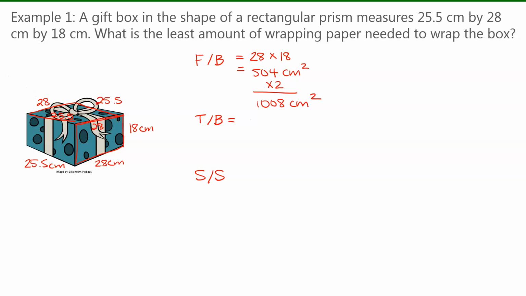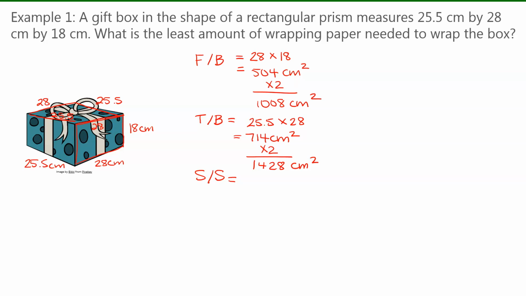So to find the top and bottom, I multiply 25.5 times 28, and I get 714 centimeters squared. And I have two of those, so I multiply it by 2, and 714 times 2, I get 1,428 centimeters squared. And again, if you didn't write your units in until the end, that is okay, because this is just your workings. Then I find the area of the sides.